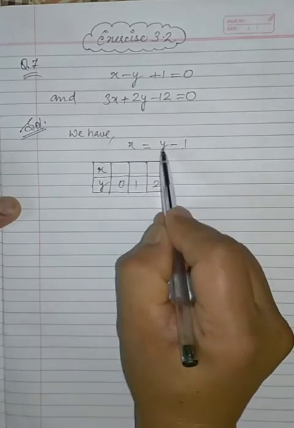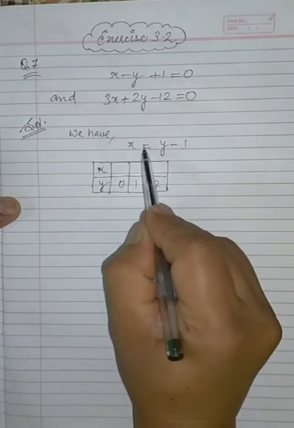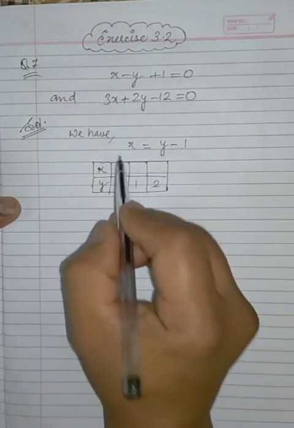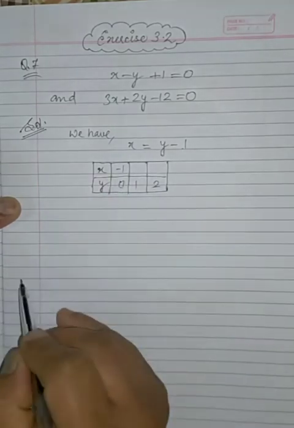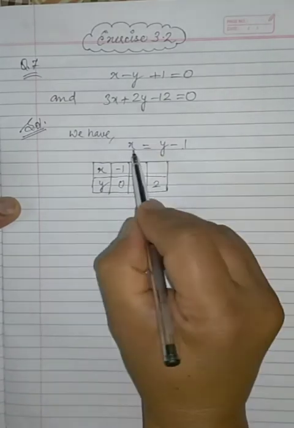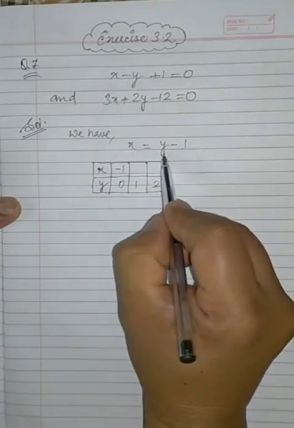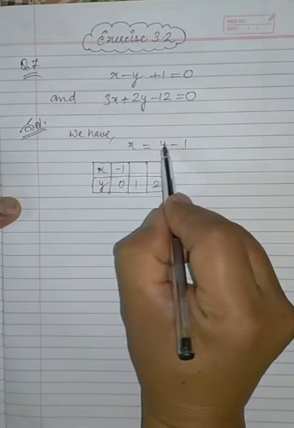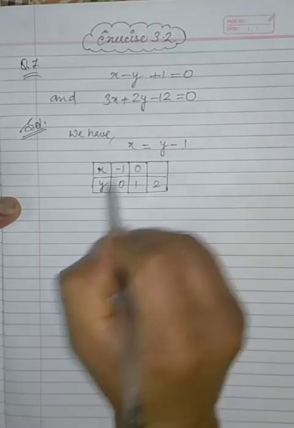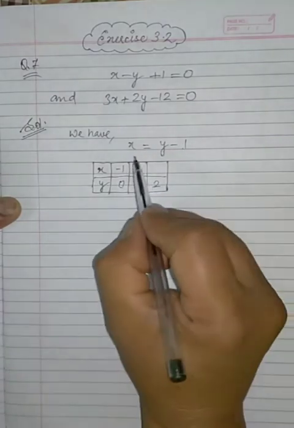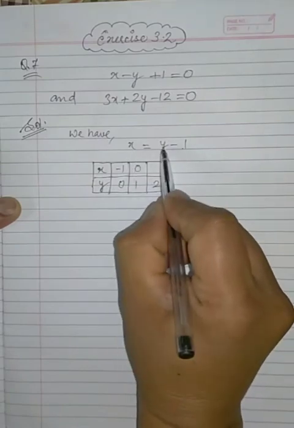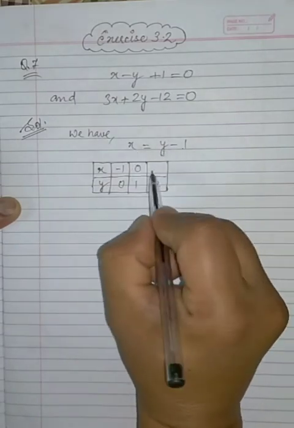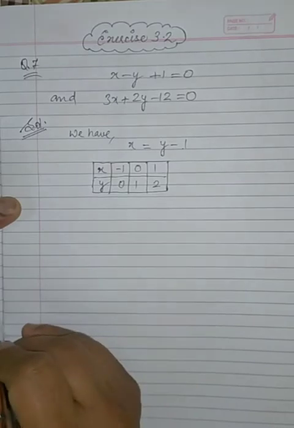Suppose if we put 0 here, then x is equal to 0 minus 1, that is equal to minus 1. If we put y is equal to 1, then x is equal to 1 minus 1, that is equal to 0. And if you put y equal to 2, then x is equal to 2 minus 1, that is equal to 1.